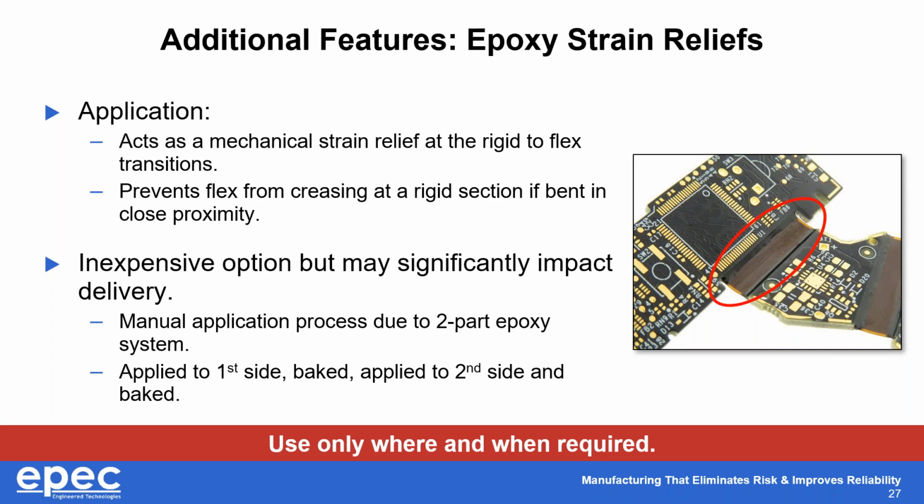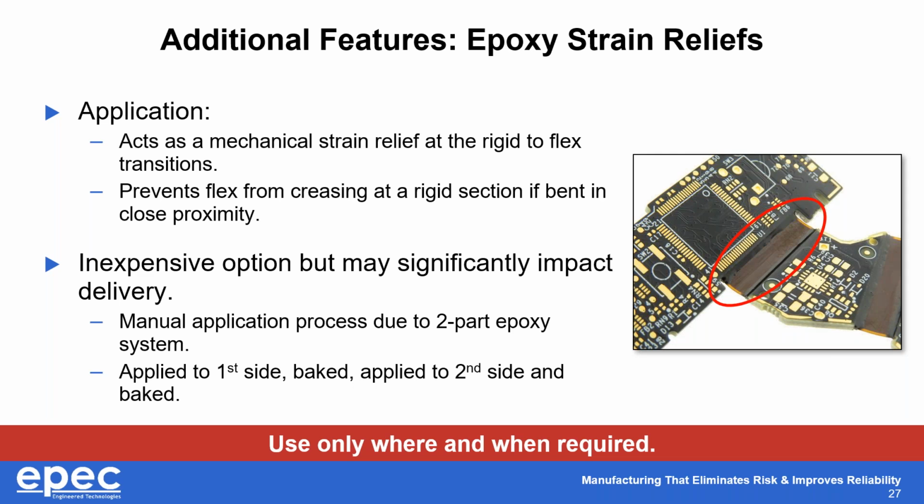Next item that we're going to cover is epoxy strain reliefs, or an acronym or name used in the industry is EcoBond, which is one of the manufacturers of the material. So the epoxy strain relief acts as a mechanical strain relief at the rigid to flex transition, and it prevents the flex circuit from being bent at a sharp angle and potentially creating a crease at the rigid section if it was to be inadvertently bent in close proximity to the rigid.